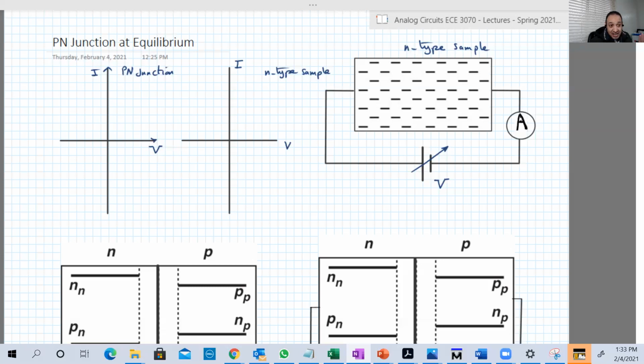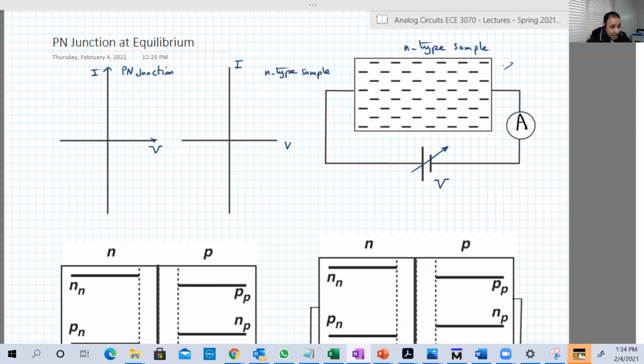Just bring an N-type sample, not a PN junction, just an N-type sample like this, and connect it to a meter and a variable battery or a variable voltage source. Then, just like Ohm's law, we change the battery voltage and measure the current flowing into the N sample.